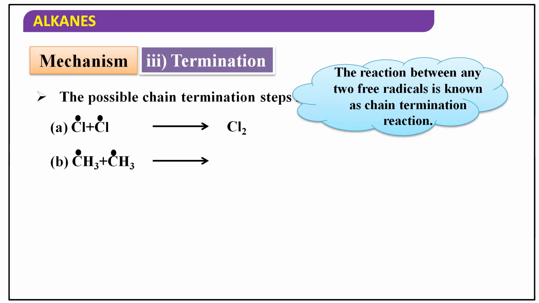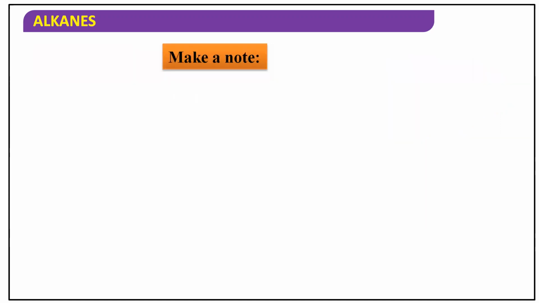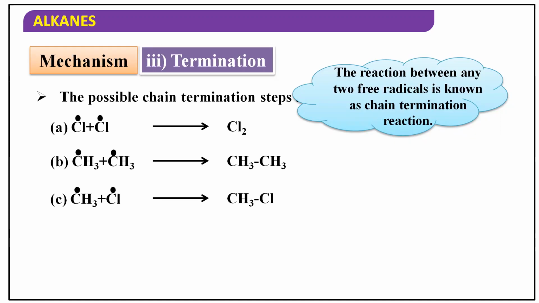Methyl, then ethane, methyl and chlorine free radical, CH3Cl. So finally, all free radicals. Basically two free radicals were formed, chlorine and methyl. So finally, we are getting this. This is the third step, termination.